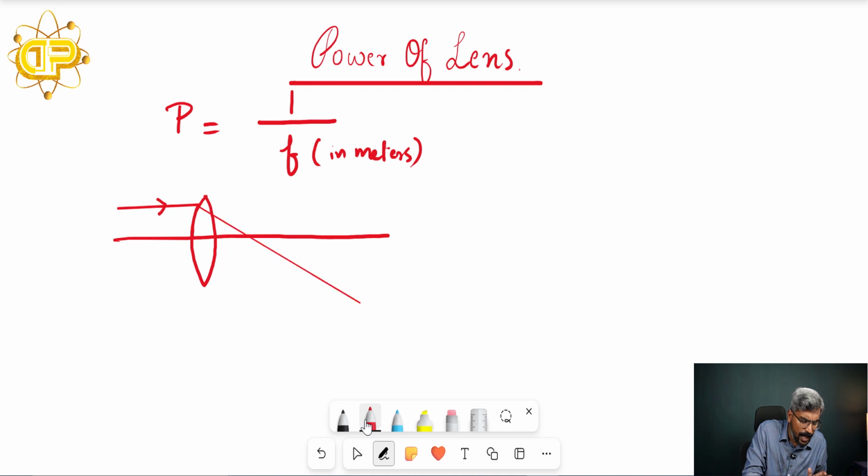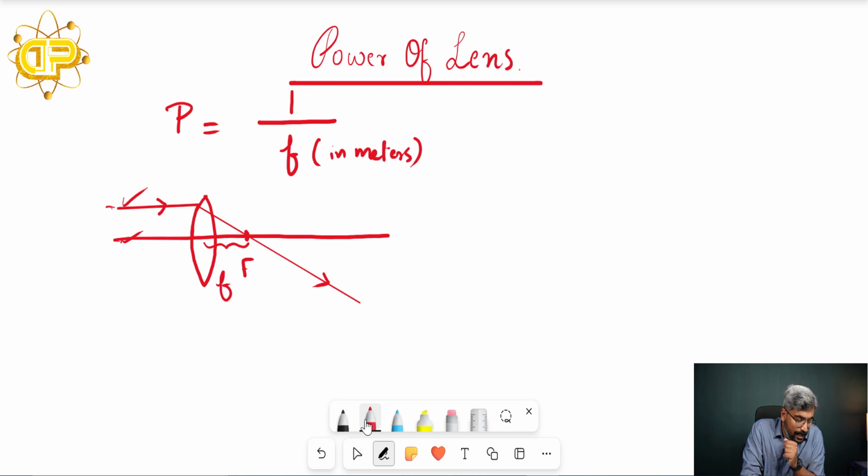If the incident ray is parallel to the principal axis, it will pass through the principal focus, and this distance is known as the focal length, right? Yes or no? Yes, you know that.